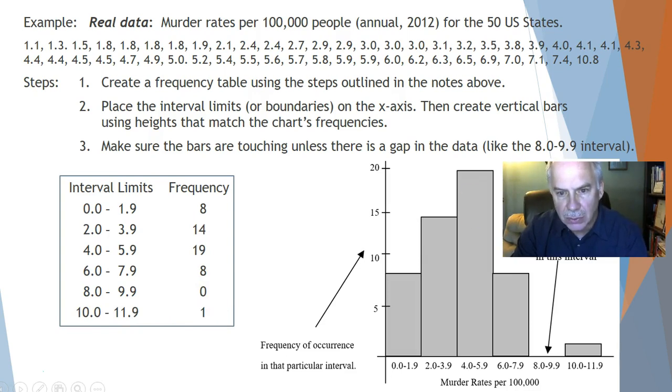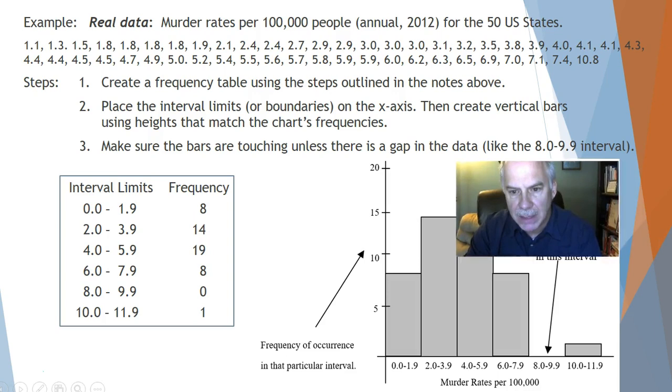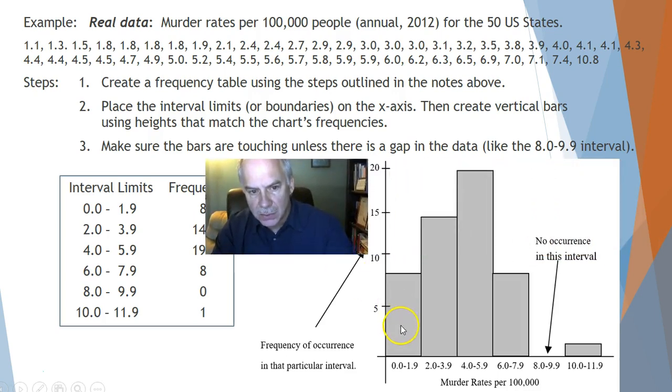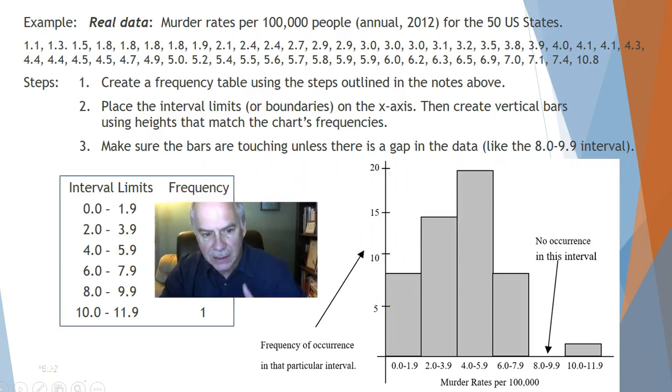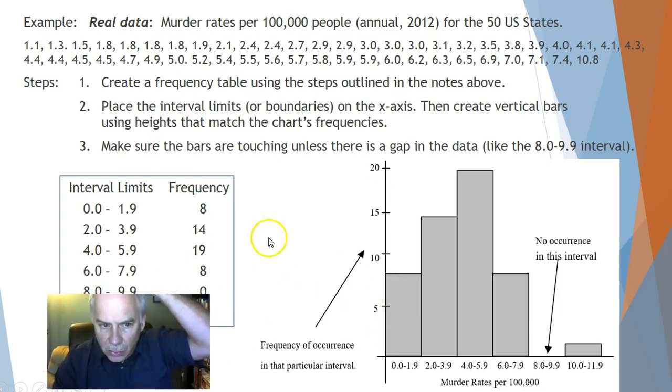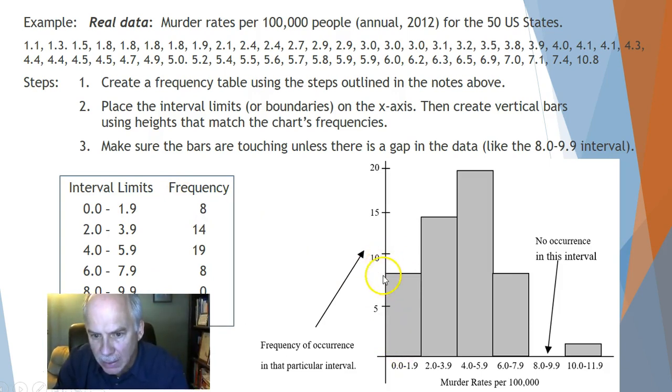Okay, so now I make my bars equal to the height of occurrence. So in the first class, it's a frequency of 8. So my bar will go up to about 8. Okay, all right.